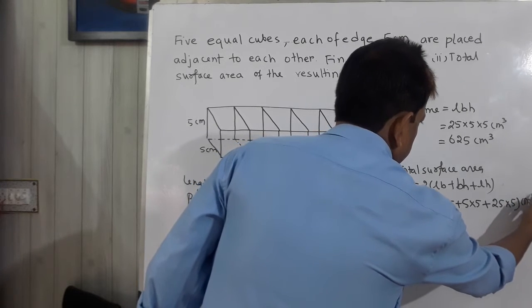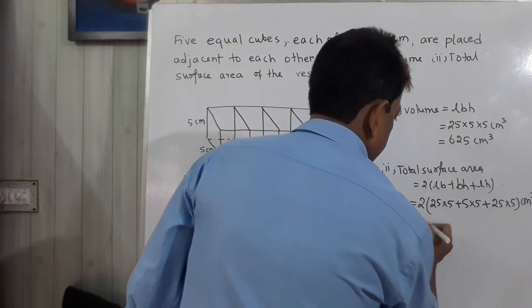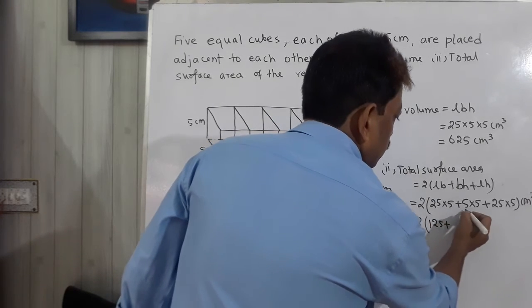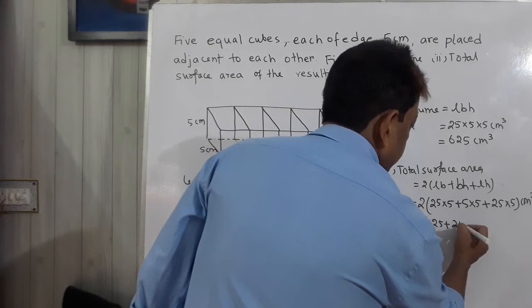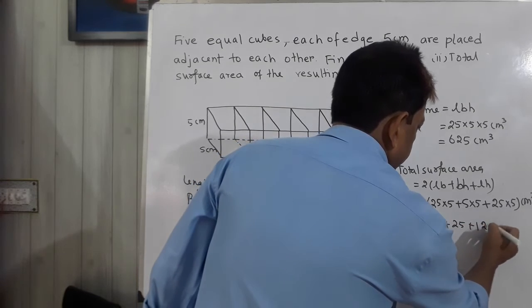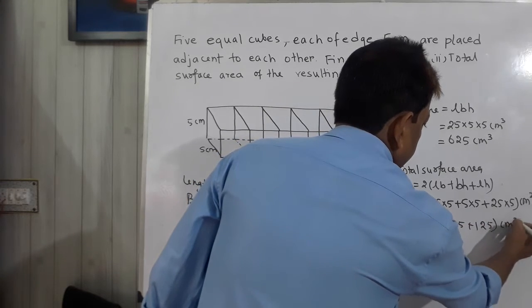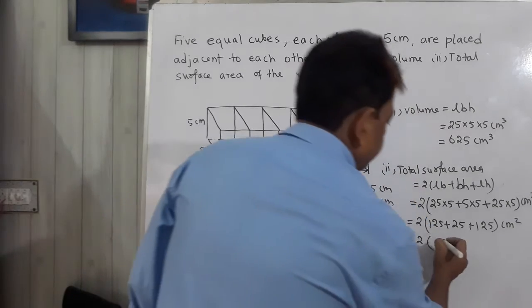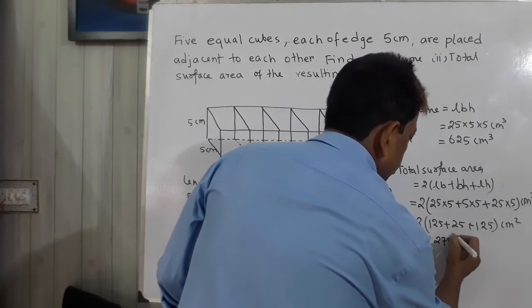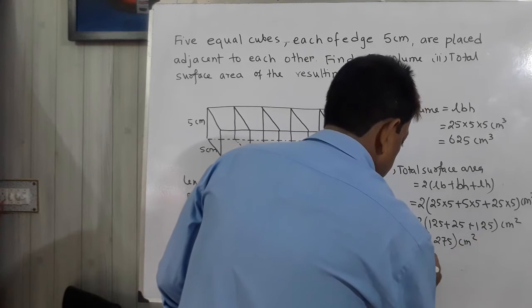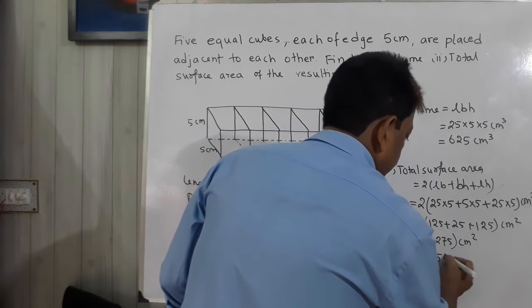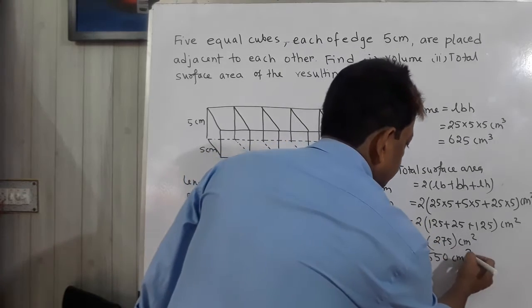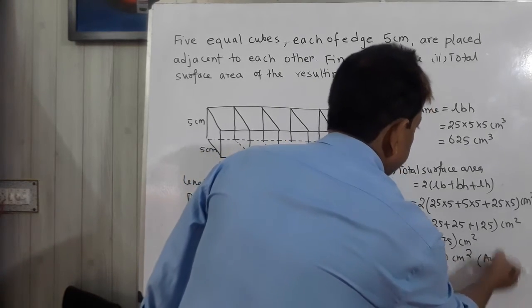All these are centimeter square. So 25 multiplied by 5 is 125. 5 5s are 25 and 25 5s are 125 centimeter square. So it is 275 multiplied by 2, that is 550 centimeter square. This is the answer.